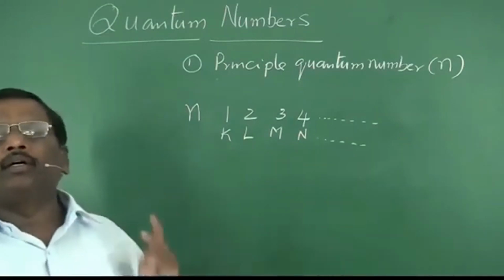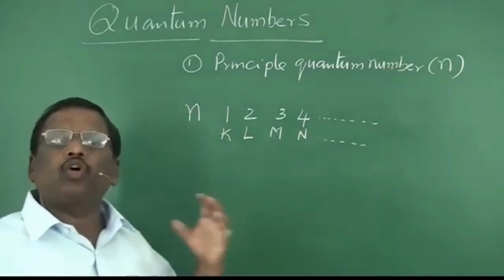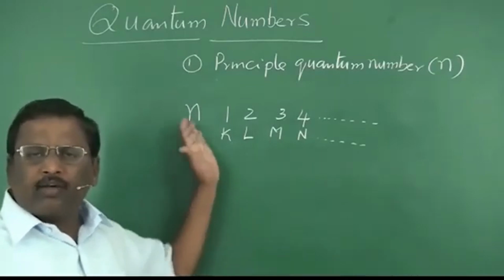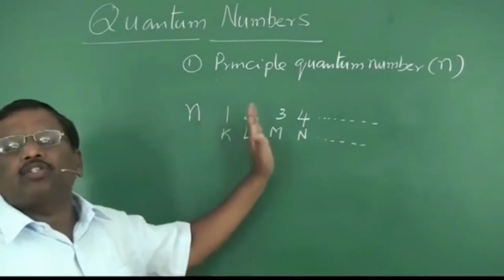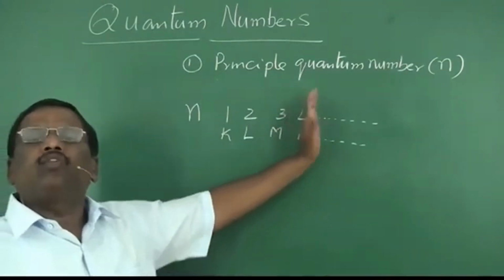This quantum number will help us to calculate the energy of an electron in a given n value. n equal to 1 means first energy level, n equal to 2 means second energy level, n equal to 3 means third energy level, n equal to 4 means fourth energy level.